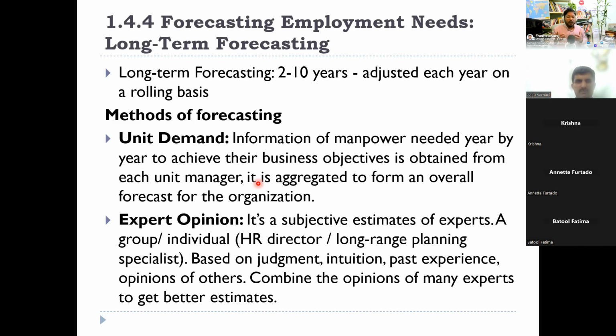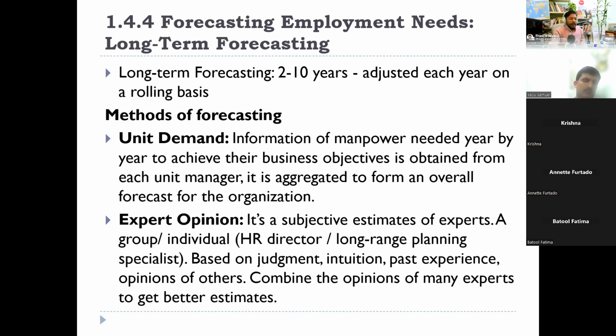It's very important. Unit managers provide input based on their production targets, capacity utilization, and anticipated changes in the manufacturing process. This information is aggregated to form the overall forecast for the organization's workforce requirements over the 2 to 10 years. This is how they build it.